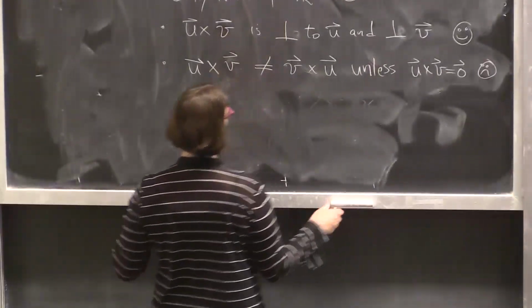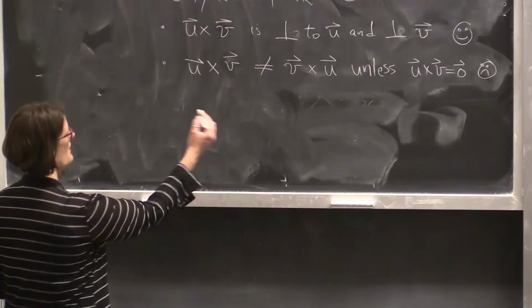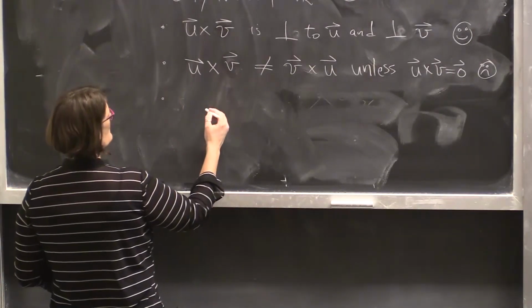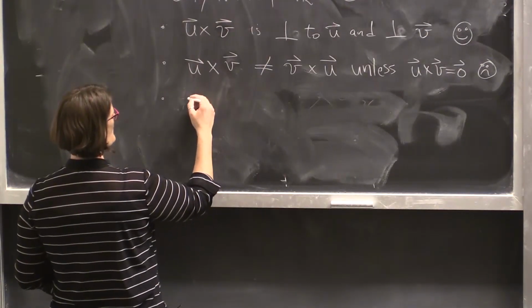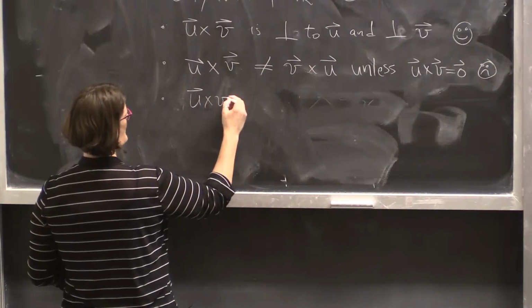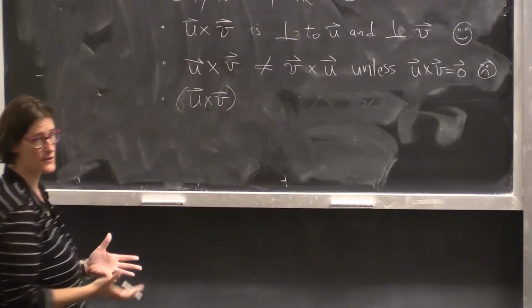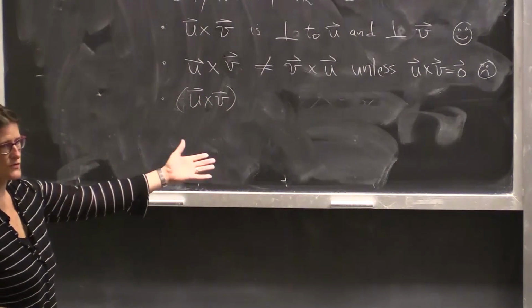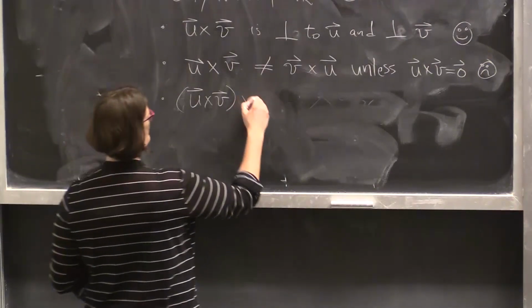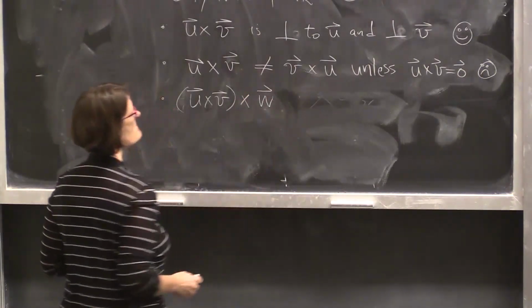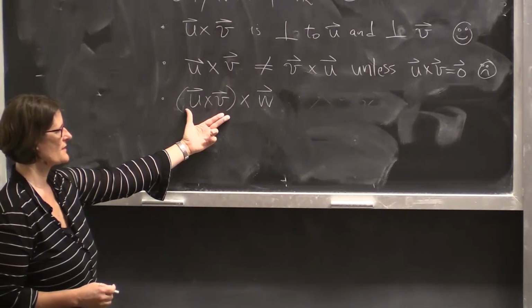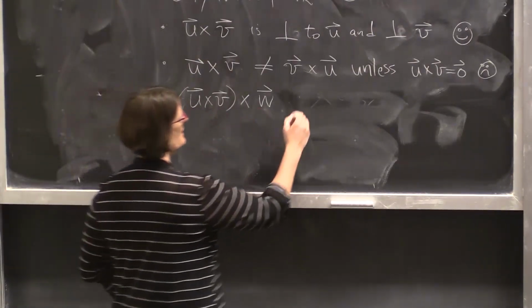And another way in which the cross product cares is if I compute u cross v, that's a vector, right? So I could say, well, let's cross product this vector with something. So that's a vector in R3. Let's cross product with another vector in R3.